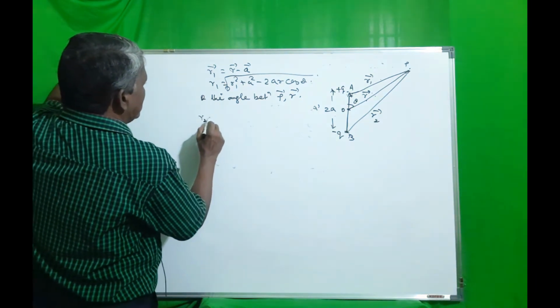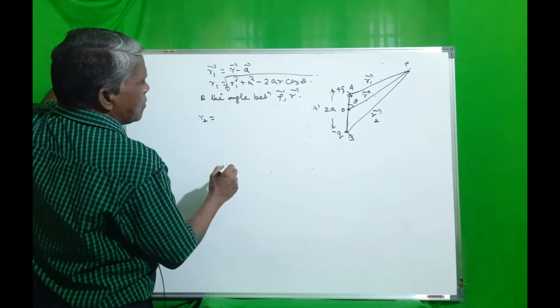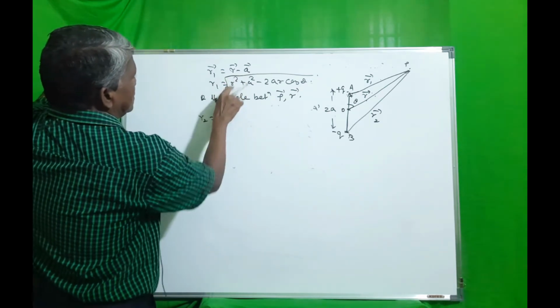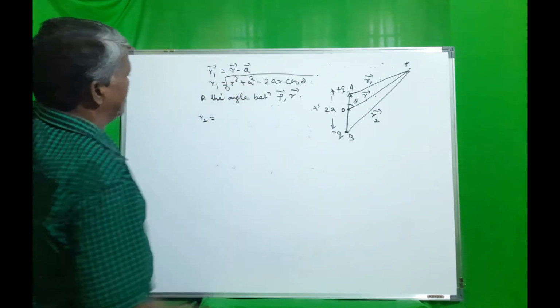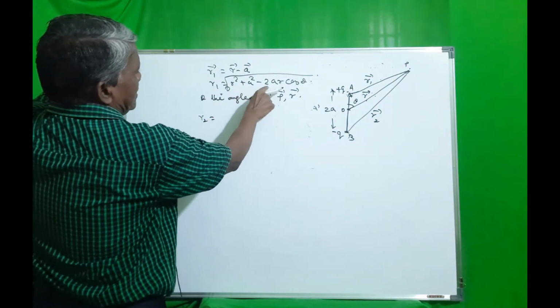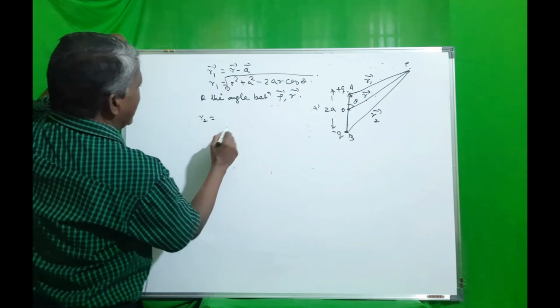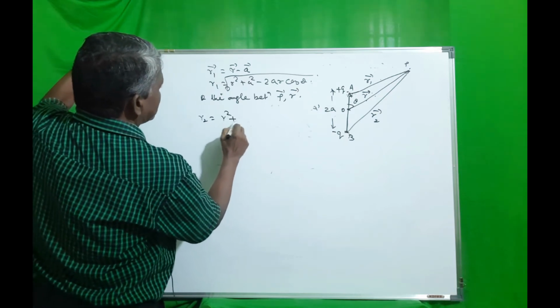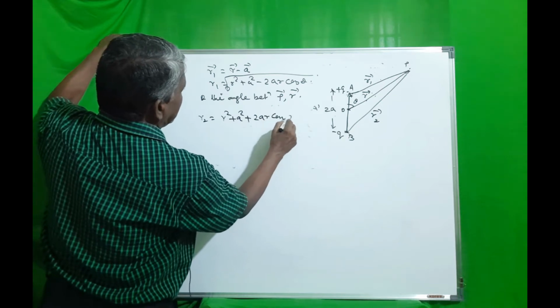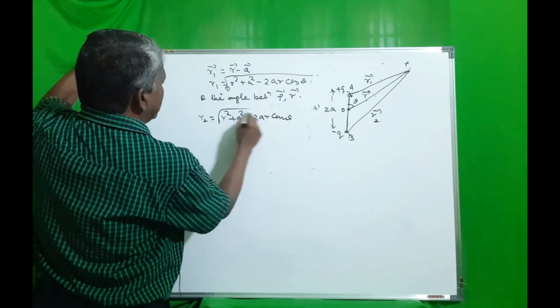Similarly, R2 is equal to the square root of R square plus A square plus 2AR cos theta.